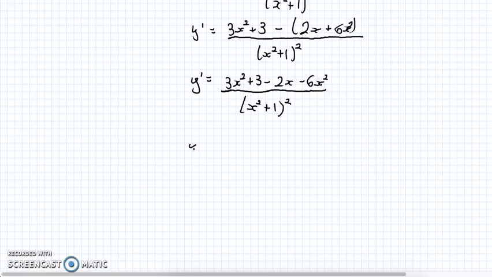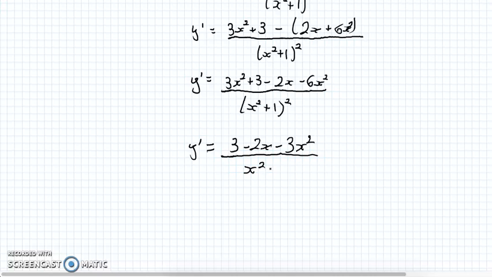And finally, and this is where we just collect our terms, simplify it all again, you're going to have 3 minus 2x minus, not 6, 3x squared, and divide it by (x squared plus 1) all squared. And that is your answer.